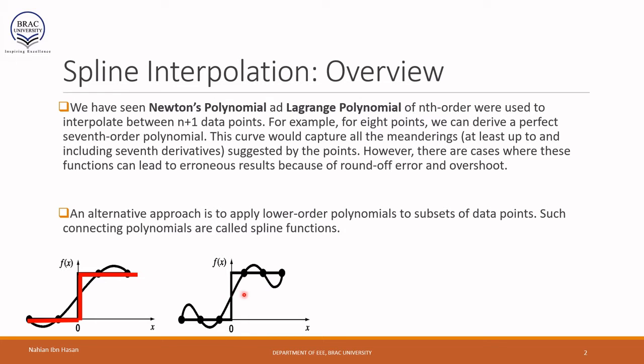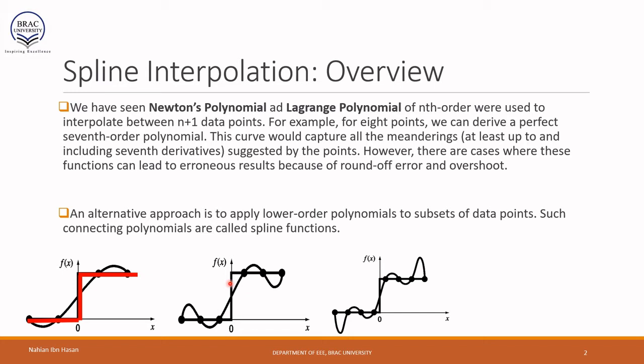As a result, the interpolating polynomial provides erroneous results here. Similarly, if you go for higher order interpolating polynomials, the oscillations become larger.